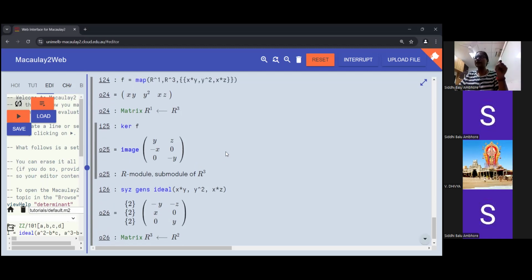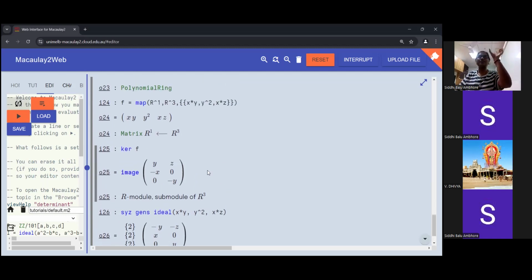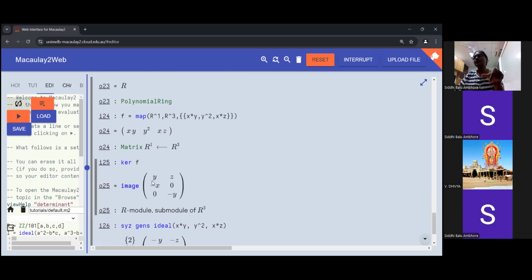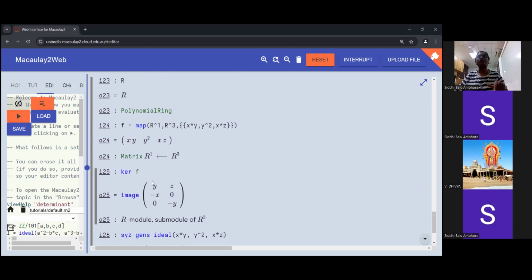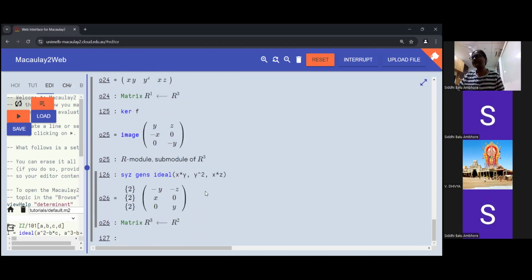That same matrix, the coefficients of the CGGs written as a matrix, gives me the presentation matrix of that ideal I. I hope this is okay, what I'm trying to say here.